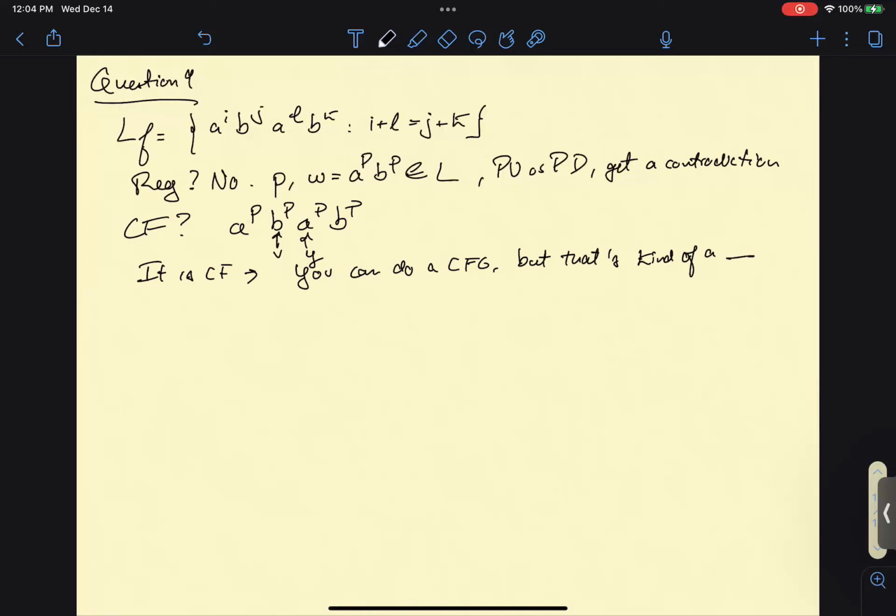So instead, what you could also do is, well, is this context free? It's from the class notes. So we showed that this is context free.